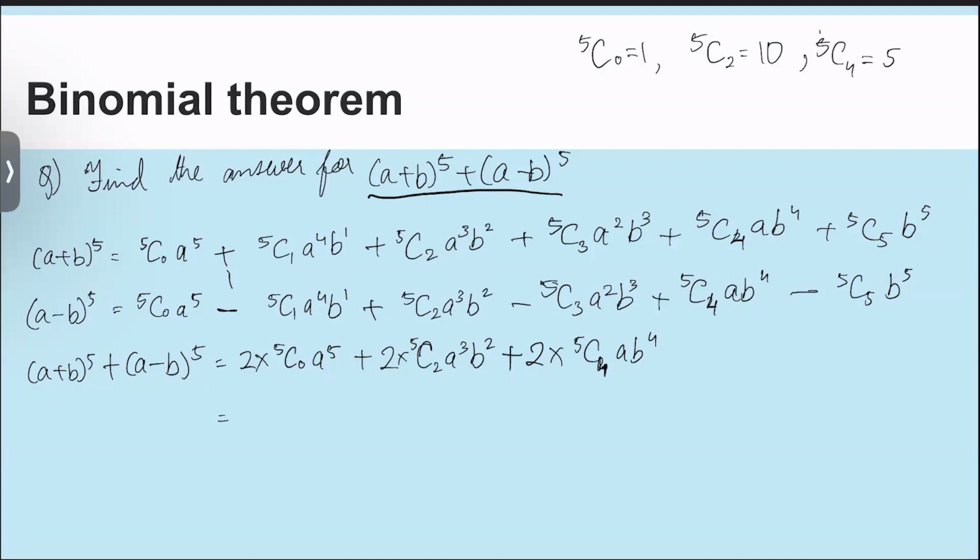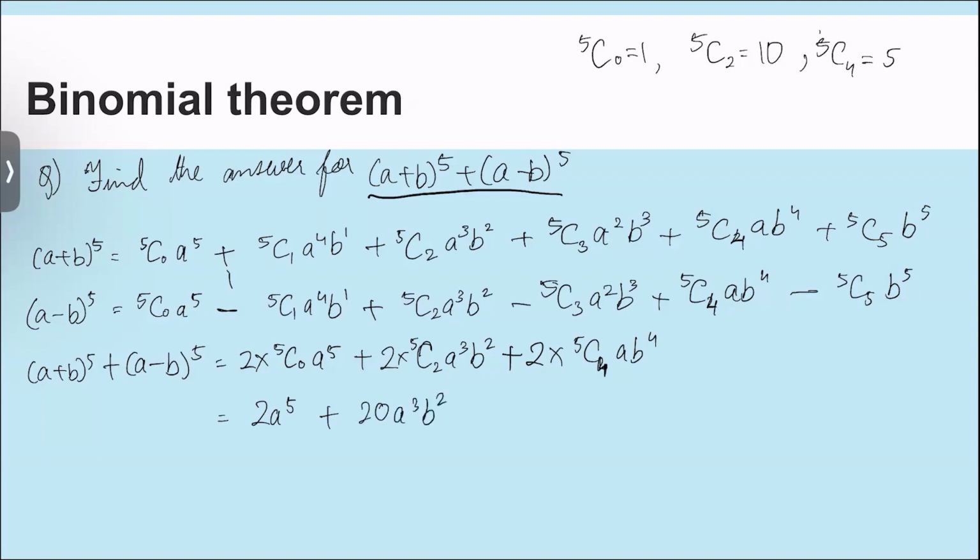You can solve these with the factorial also if you are not sure. So now you just write the coefficients. This would be 2a raised to 5. Now 5C2 is 10, so this becomes 20a cube b square. And the last one, 5C4 is 5, so 2 into 5, that's 10ab raised to 4.